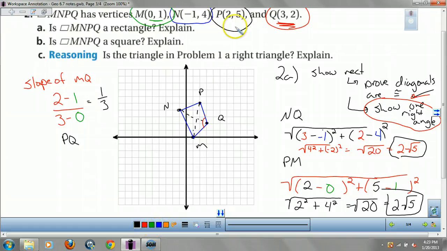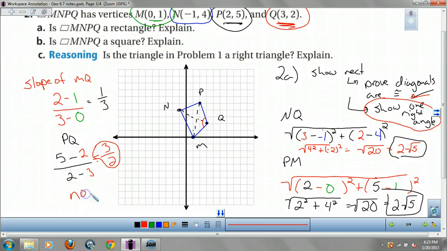Now let's find the slope of PQ. PQ is right here, so it's our change in Y over our change in X. Q we're still doing in red. So we get negative 3/2. Now, are these negative reciprocals?